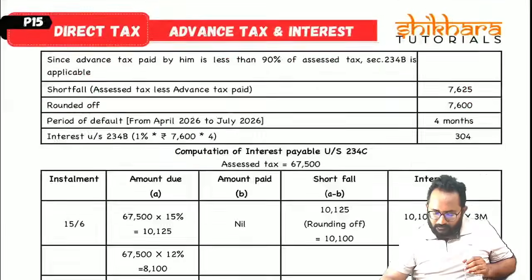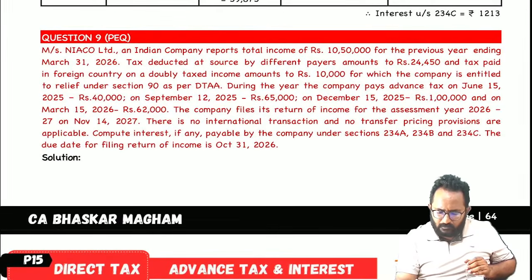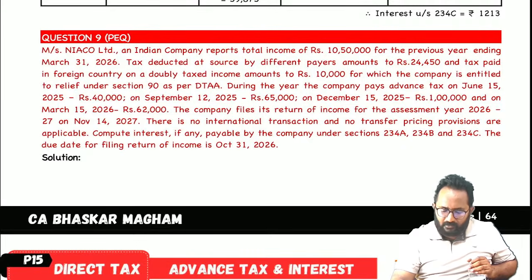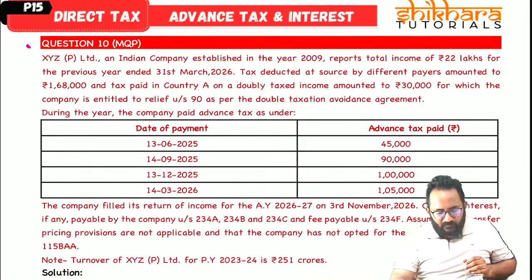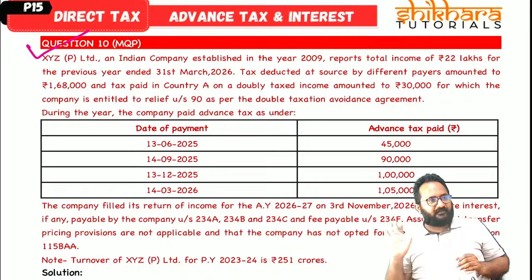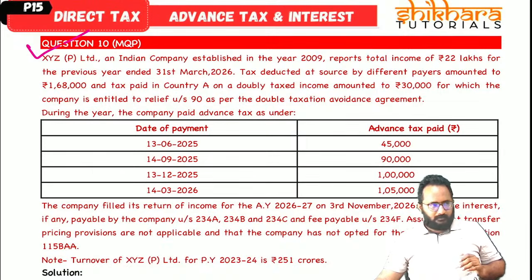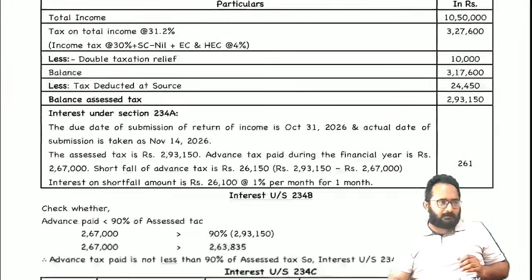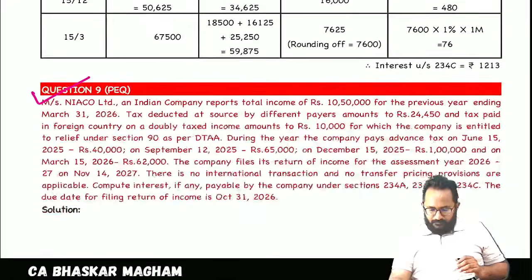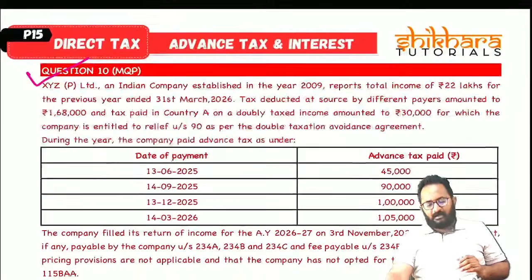Understood? Now I will show you one more question in your workbook. Question number 9. Question number 9 and question number 10 are one and the same. Just the formatting is different and the numbers are different. Here they gave a table, here they gave everything in columns, all in lines, but the numbers change.